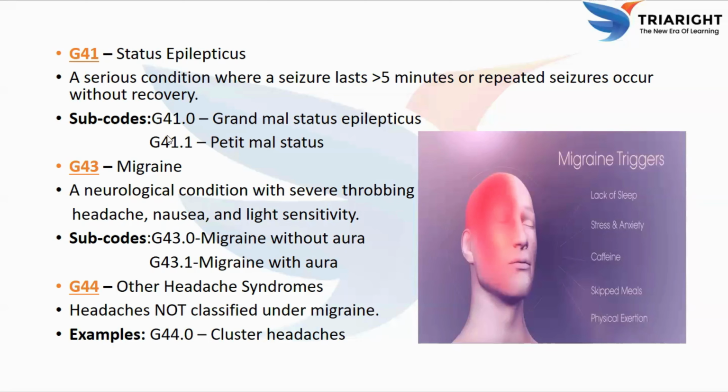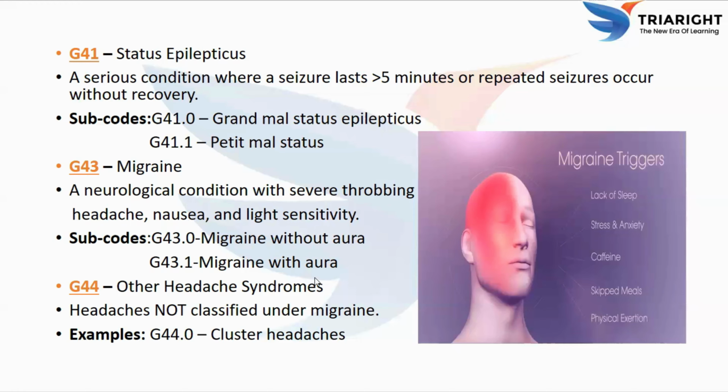So next, the G43 code is assigned for migraine. So what do you mean by migraine? It's a neurological headache that usually throbs or pulses, happens on one side of the head, and comes with nausea, vomiting and sensitivity to light or sound. You have subcodes of migraine: G43.0, migraine without aura, and G43.1, migraine with aura.